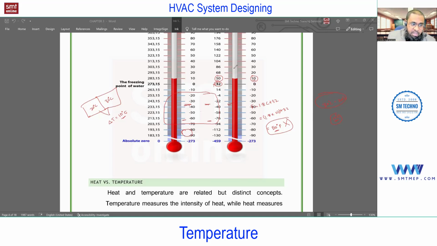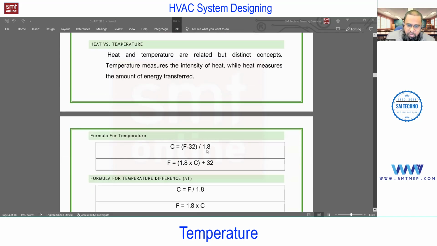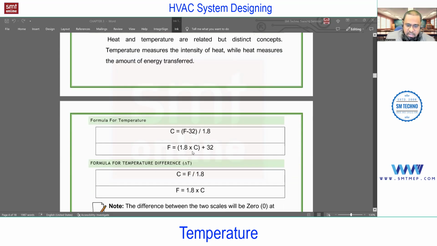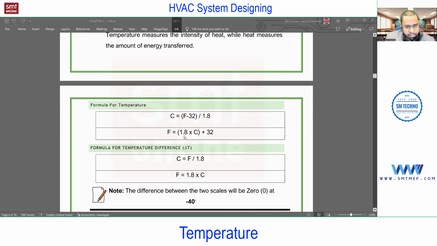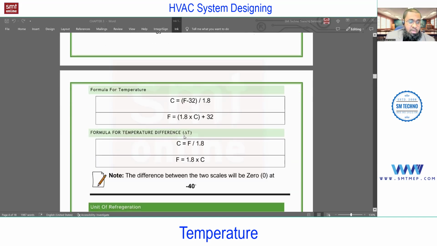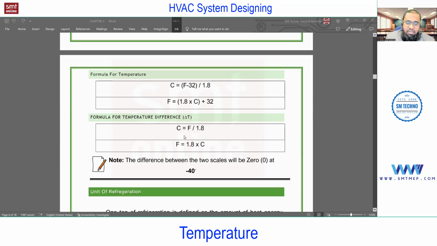This is very, very important. At the time of load calculation also we'll use this. So remember, if you want to convert temperature to temperature, one can use this formula: C equals (F minus 32) by 1.8, or F equals 1.8 multiplied by C plus 32. But in case you want to convert a temperature difference, 32 is not in this formula.